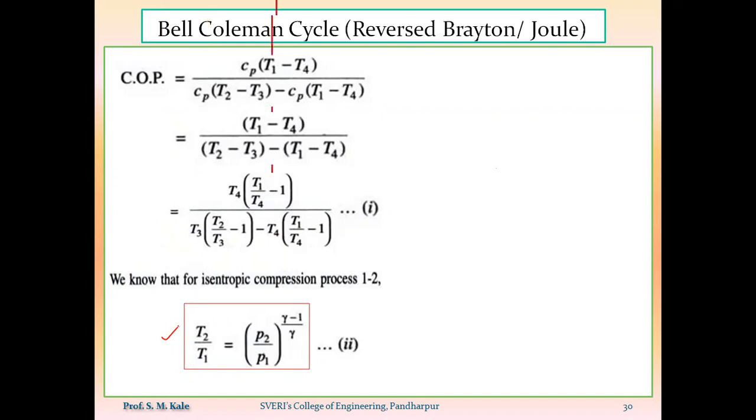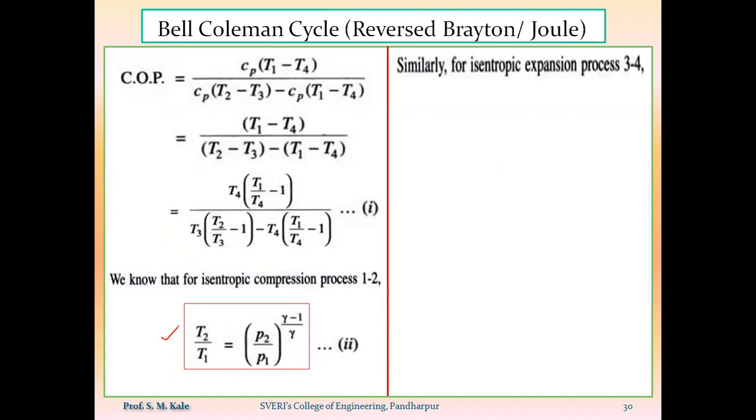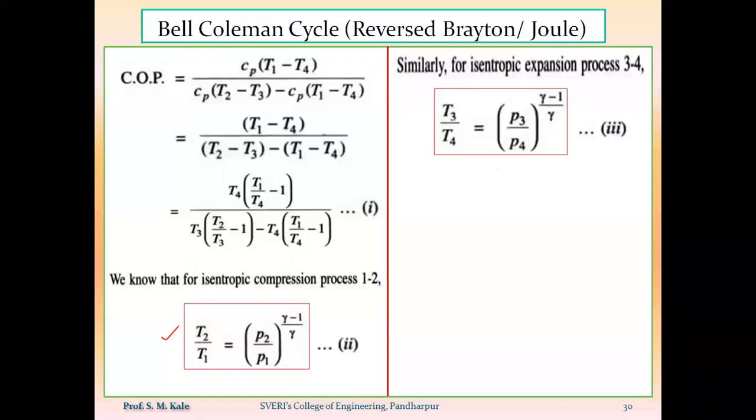In the same fashion, process 3 to 4 is an isentropic expansion process. So for the isentropic expansion process also, we can use the formula T3 by T4 is equal to P3 by P4 raised to gamma minus 1 upon gamma. That means conversion of temperature into pressure. In the same fashion, we can convert the temperature into volume also. But as our requirement is to convert the temperature into pressure, we are going to use this equation.